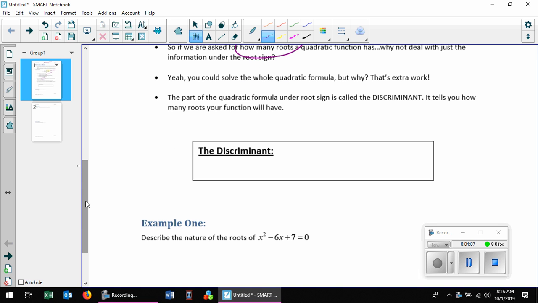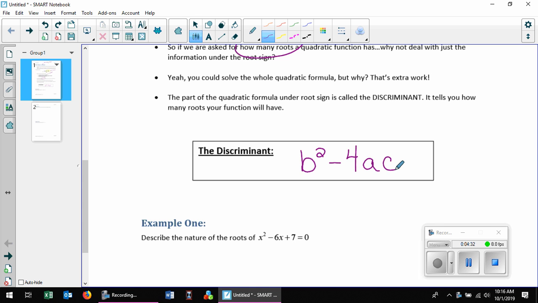So what you're looking at is what's under the root sign. So that's the b squared minus 4ac. Okay, so that's what's under the root sign. That's all I care about when I'm asking how many roots.